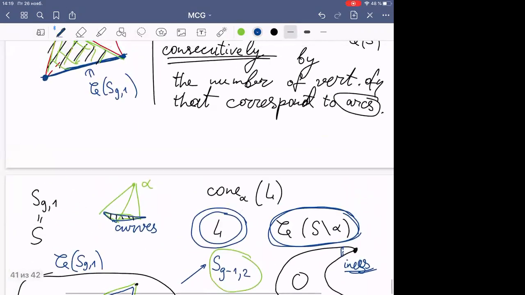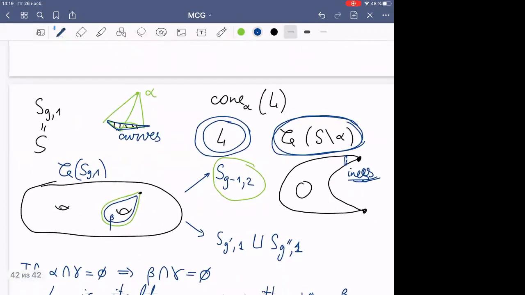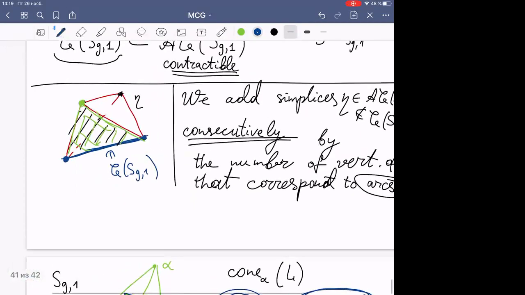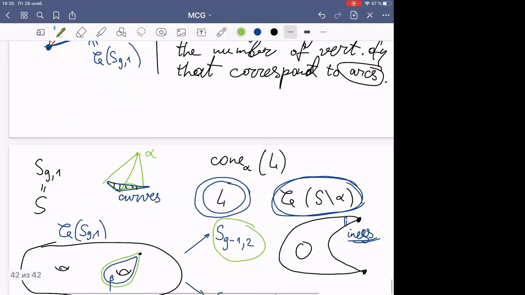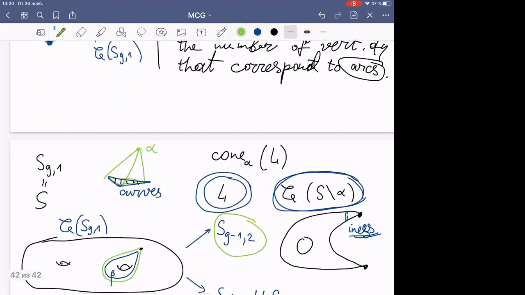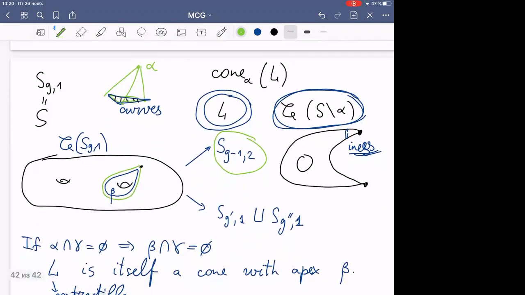Well, so the situation is as follows. We start from this complex, and actually we add cones, but we always add cones over contractible complexes. So the topology doesn't change. And the same proceeds up to the very last moment.